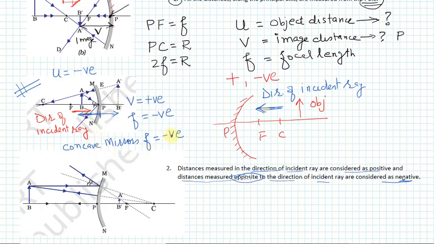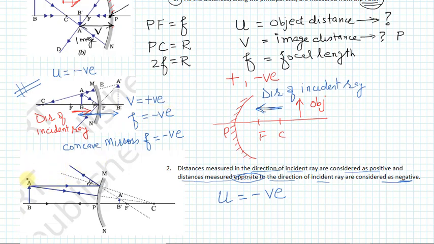And the other generalization, which we shall soon see, is that your U is always negative also, because the ray of light will always go from the object towards the mirror, and when you have to measure the object distance, you have to measure from pole to object. So these will always be opposite in direction, hence U will always be negative.